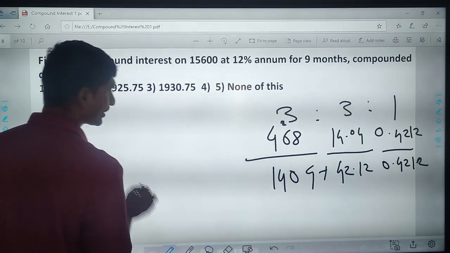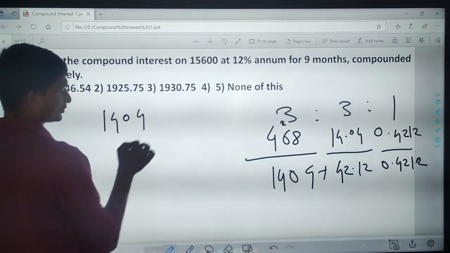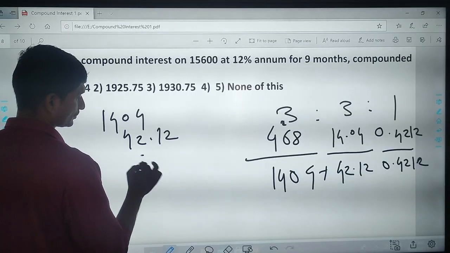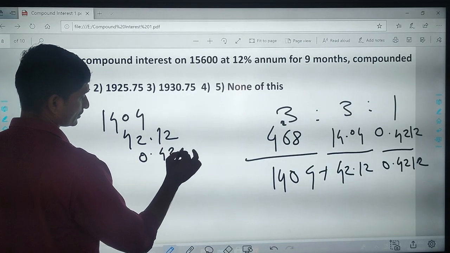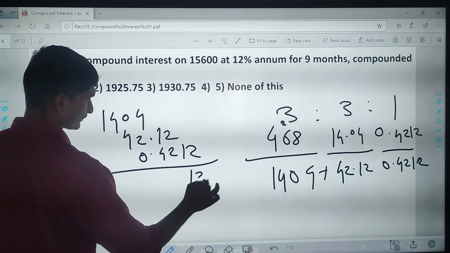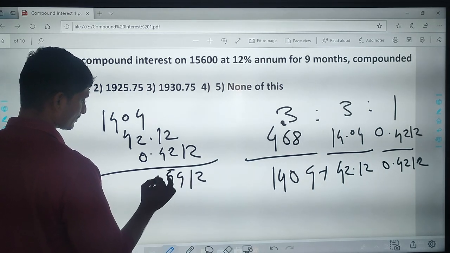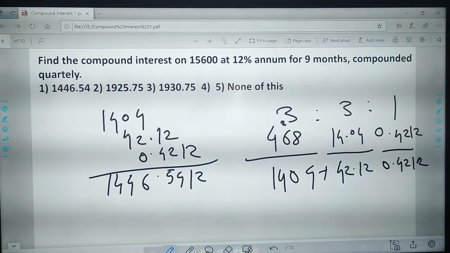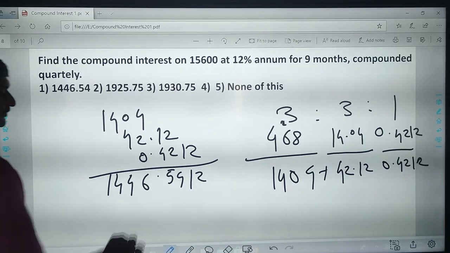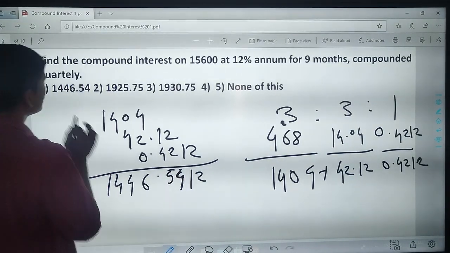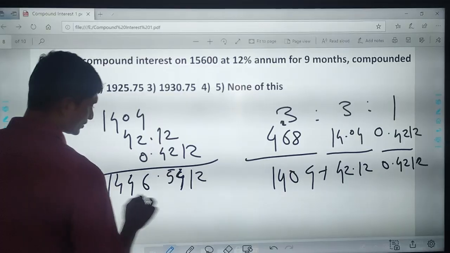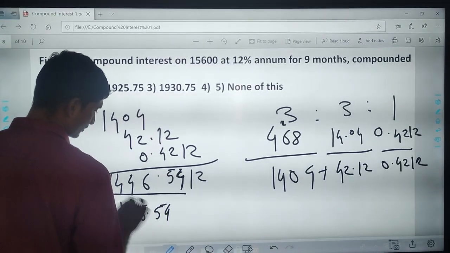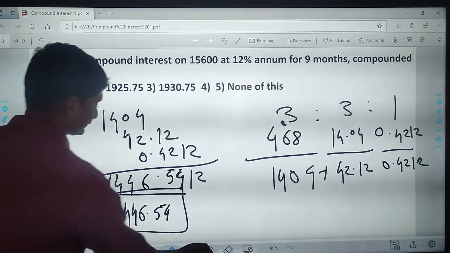Now here we get addition. 1446.54. This is your answer.